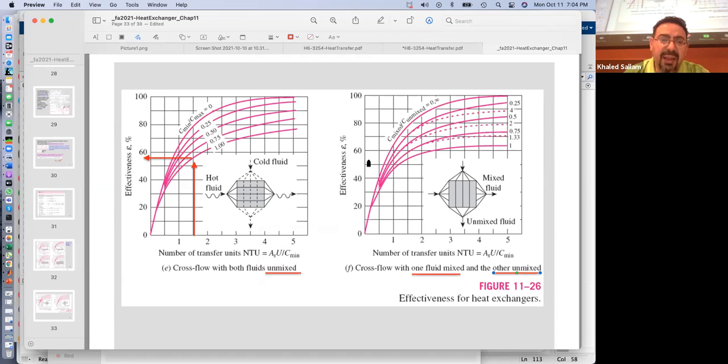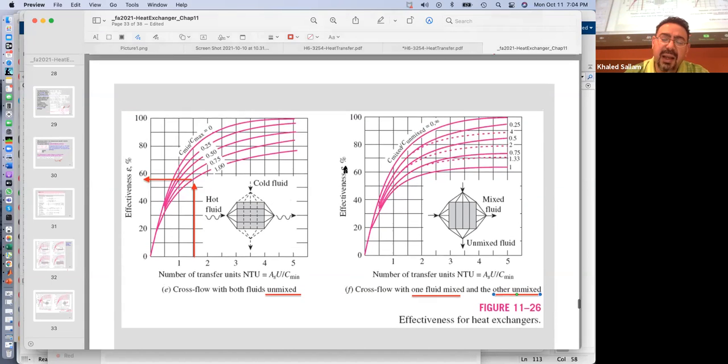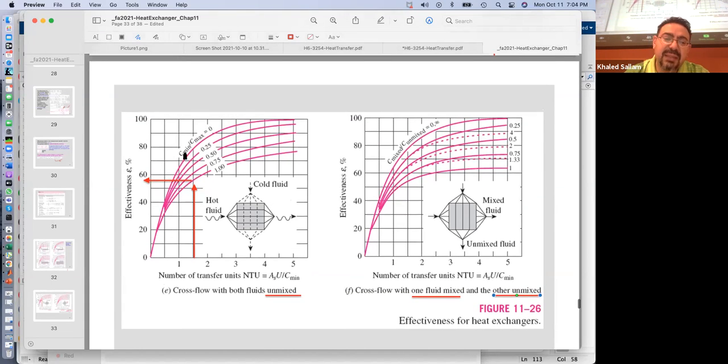So the problem is, this should have been C min over C max. So when C min over C max is 0, we come over here. We reach this curve. When do we reach that curve?